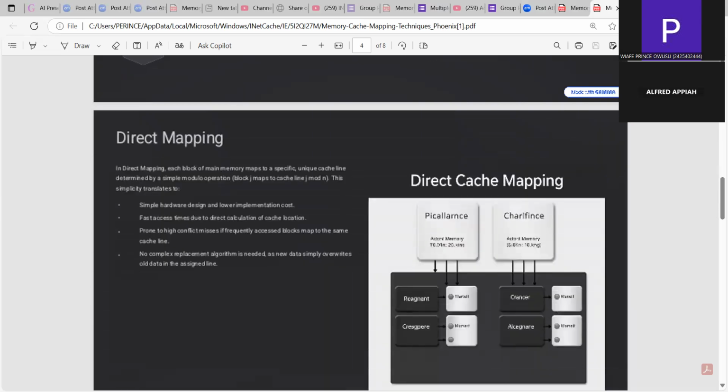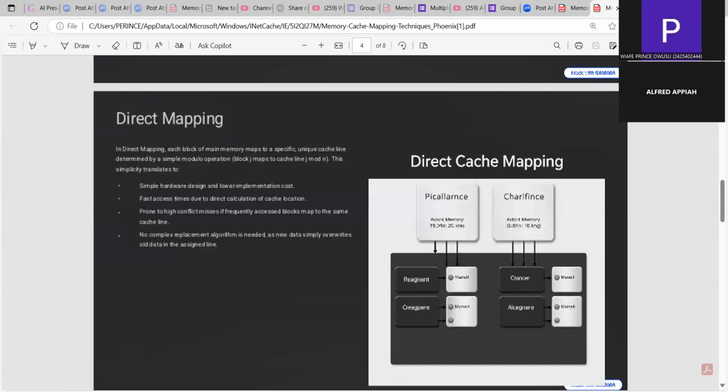We have direct mapping. In direct mapping, each block of main memory maps to a specific unique cache line determined by a simple modular operation, main memory block to cache line. This simplicity translates to simple hardware design, lower implementation costs, and fast access time due to direct calculation of cache location.